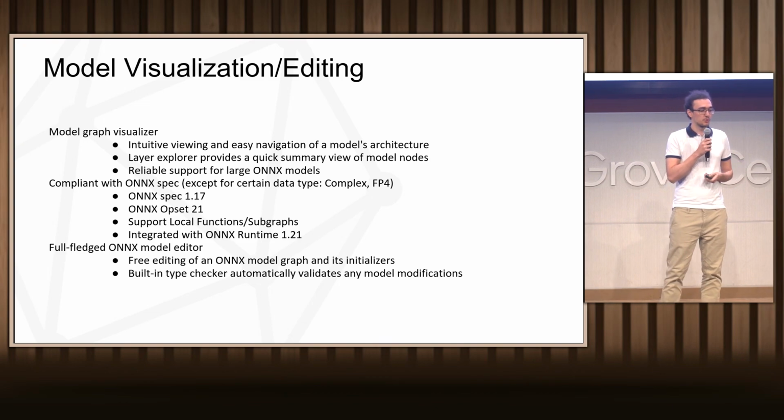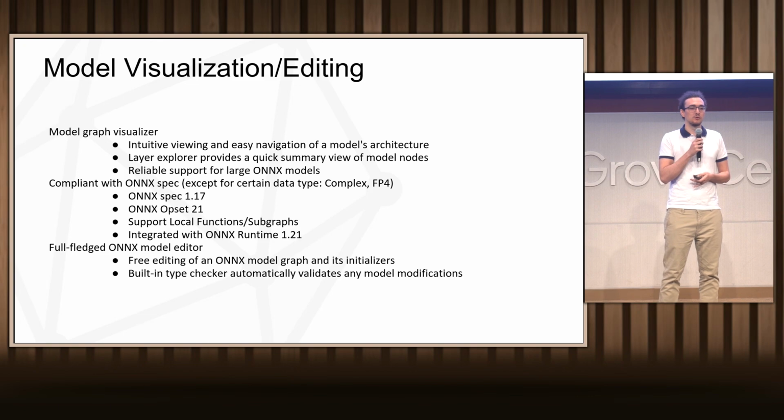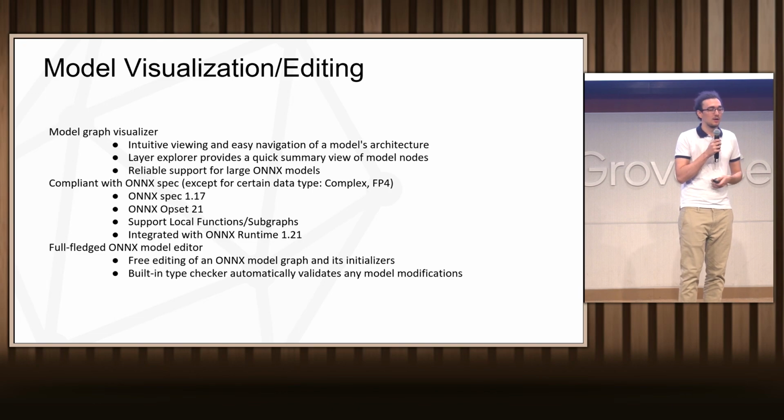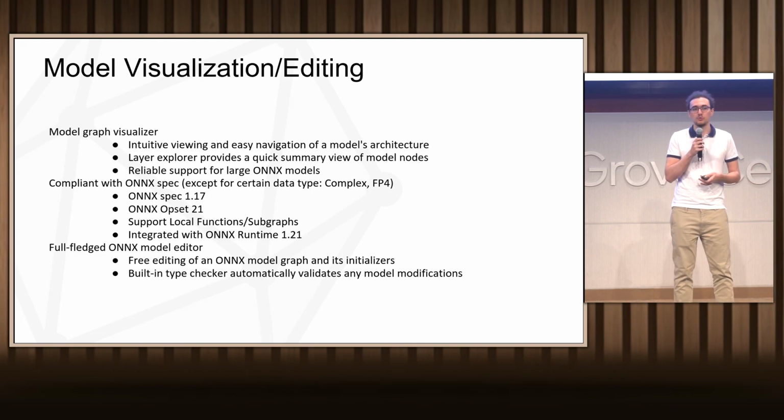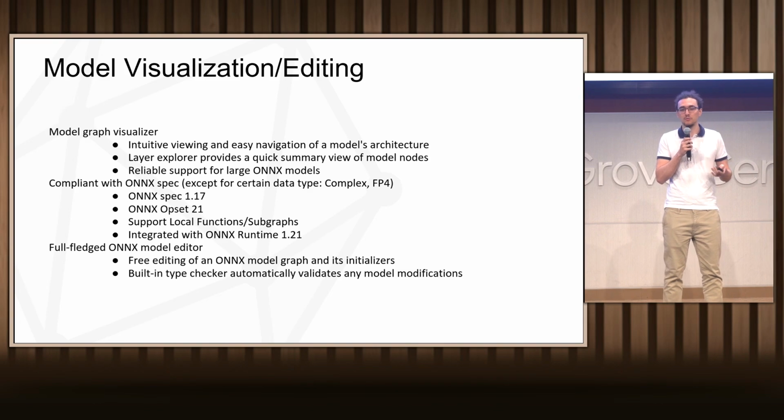And we work on a feature, for example, called the Layer Explorer, which lets you easily filter nodes in your graph based on the node type, the node name, some specific attributes, anything to make it easier for the user to actually find the node that they're looking for inside the large graph.